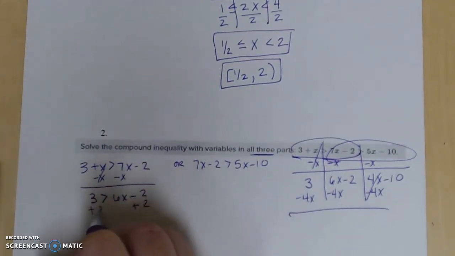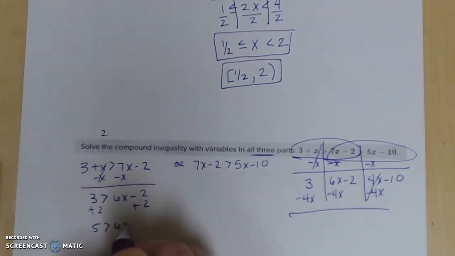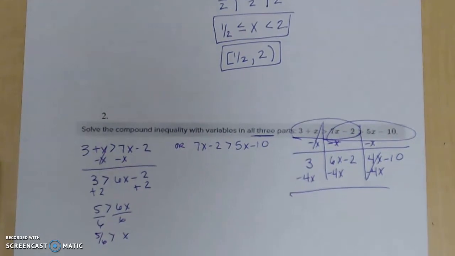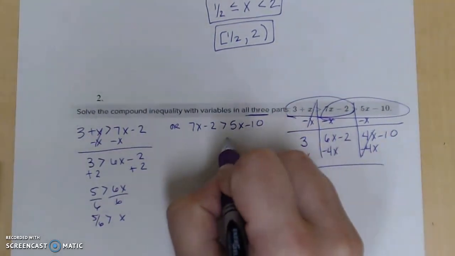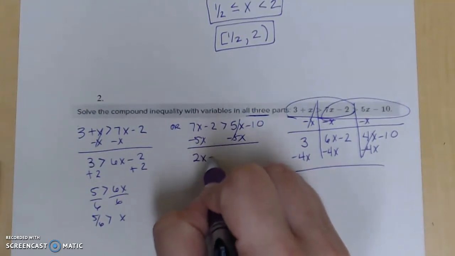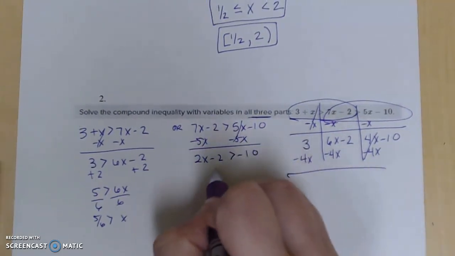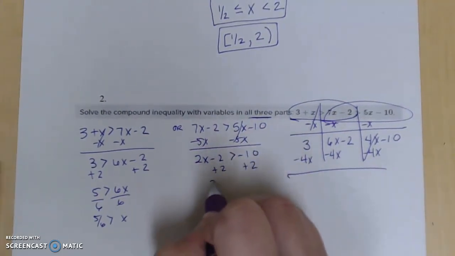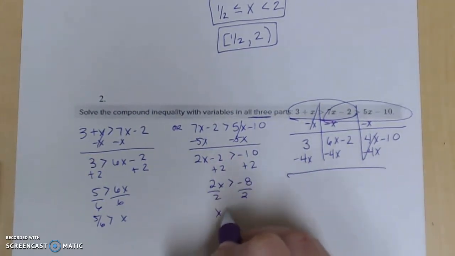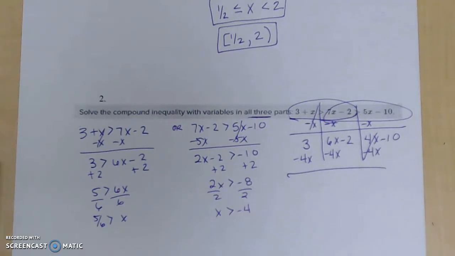Just moving things around like we did in previous problems. And you can see that I get 5/6 is greater than x. I'm going to solve this one out as well. Gives me 2x minus 2, negative 10, add 2 to everything, and divide. So x is greater than negative 4.